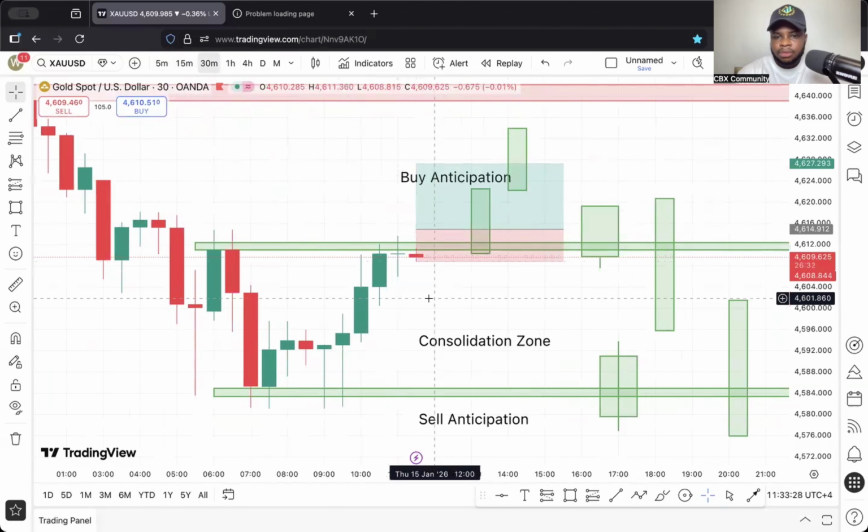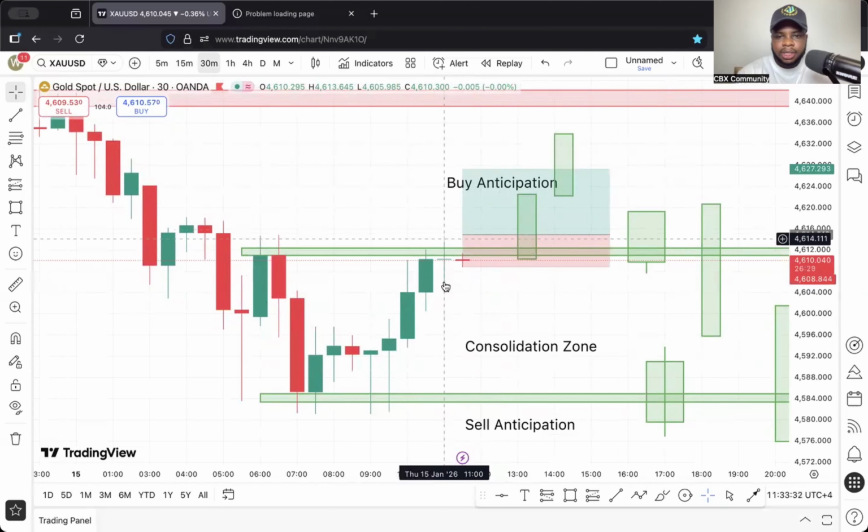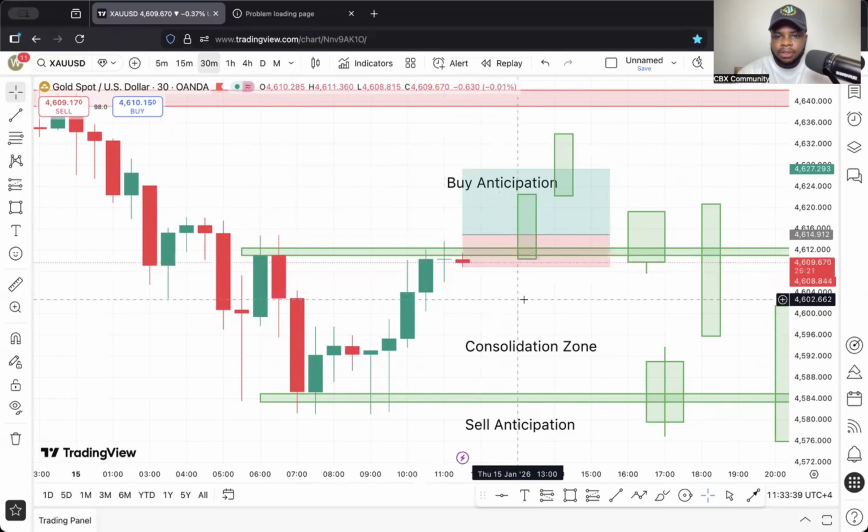Let's see if this candle, we have to respect the high of this doji candle over the low of this doji candle over here. So let's see what the candle wants to do.